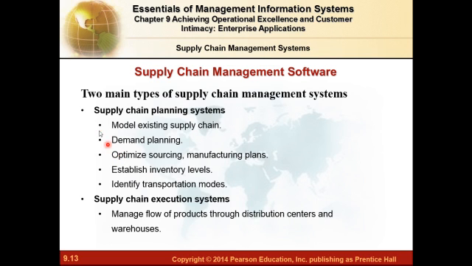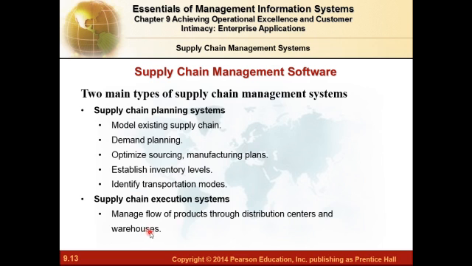It can develop better demand planning that matches production closer with customer demands, and can manage the flow of products through distribution centers and warehouses. By using the supply chain execution system, which can manage the flow of products through distribution centers and warehouses.